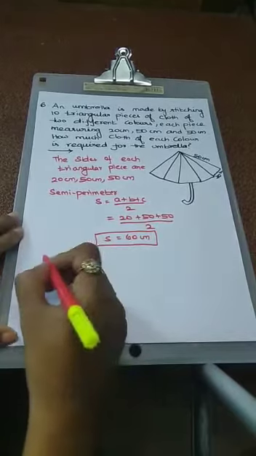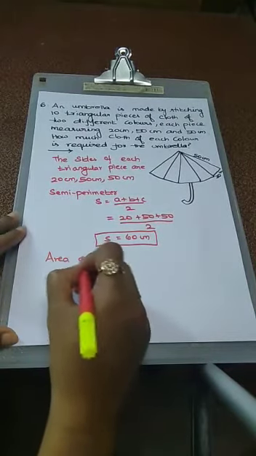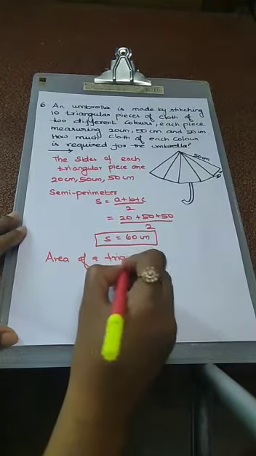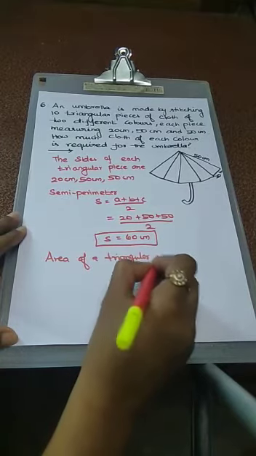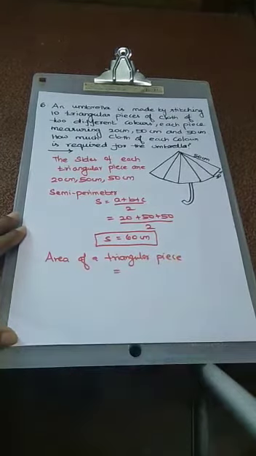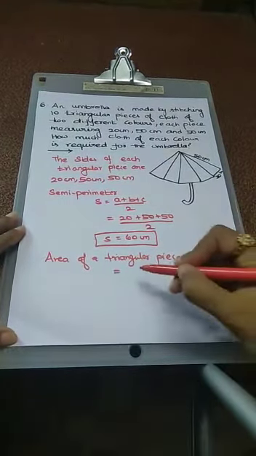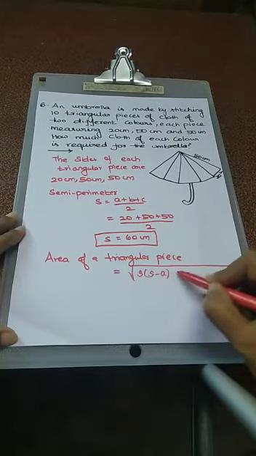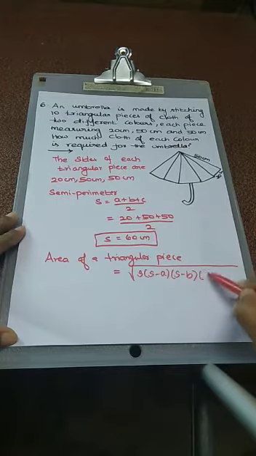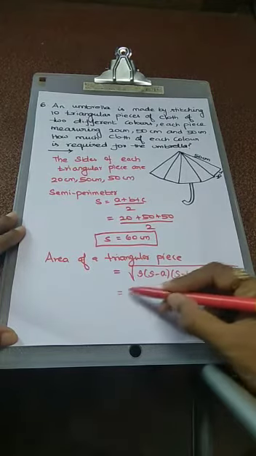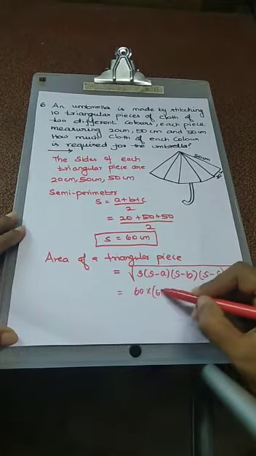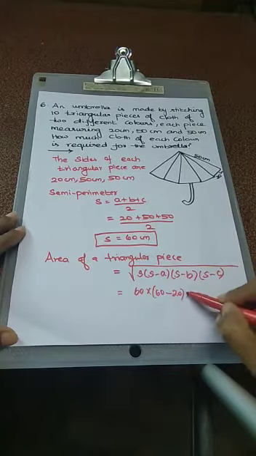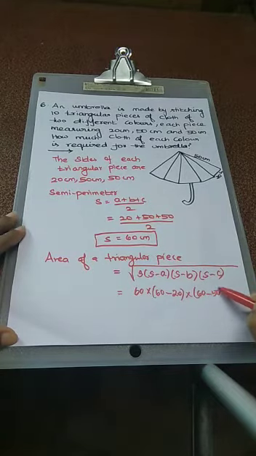Next, we calculate the area of a triangular piece using Heron's formula. What is the area of a triangle? That is square root of S into S minus A into S minus B into S minus C. S value is 60. So 60 minus 20 into 60 minus 50 into again 60 minus 50.